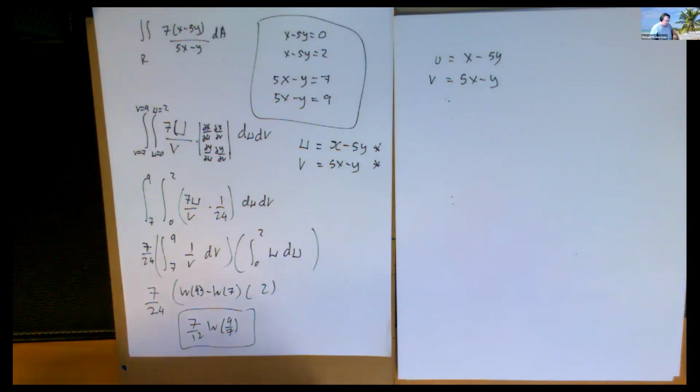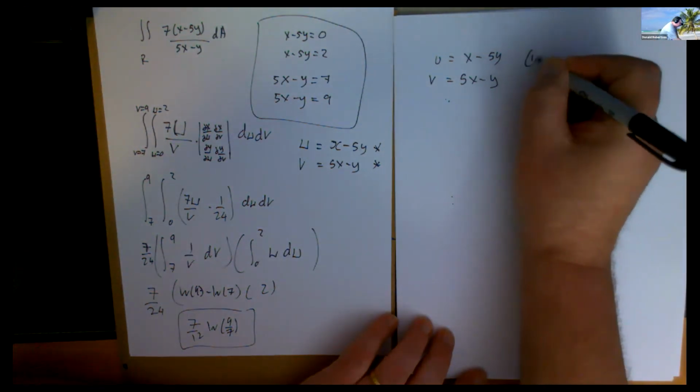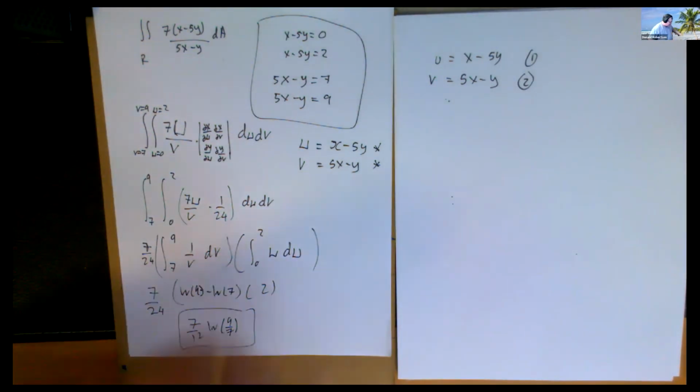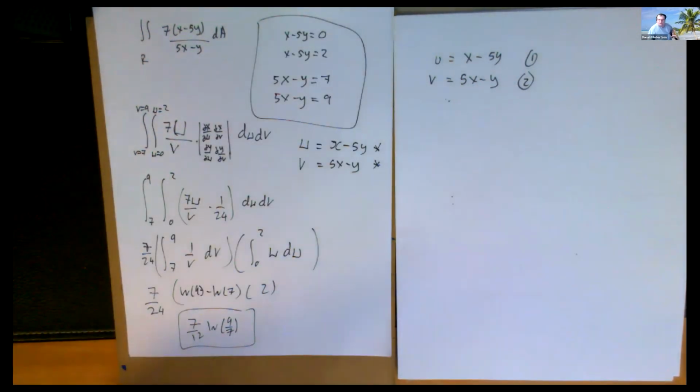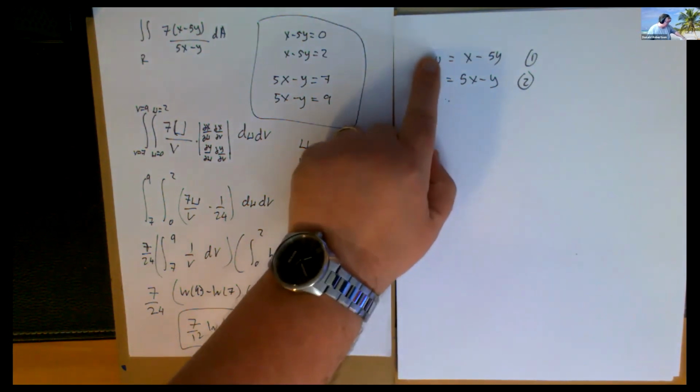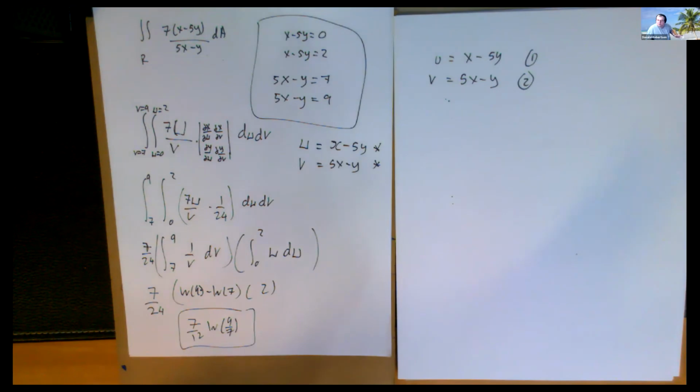So I'm going to call this equation 1. I'm going to call this equation 2. And don't think of u and v as being variables. Just think of them as being numbers that don't matter too much. And what we're trying to do here is find out what x is equal to, right? Solve for x. So if that was 10 and this was 20, think of them like numbers like that.